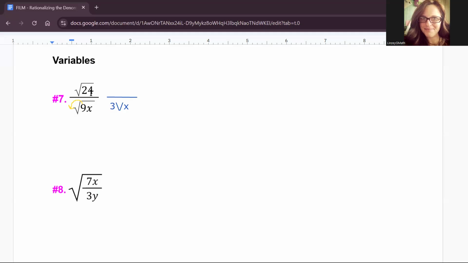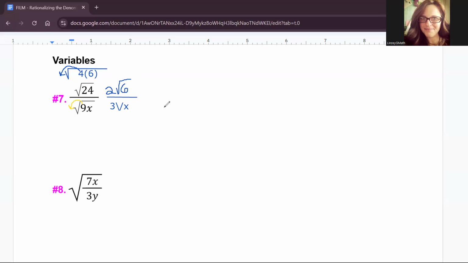And in the top, we could simplify the square root of 24. I can break 24 up into 4 times 6. I'm going to use parentheses so we don't get confused with the variable x. And then I can take the square root of 4 out from under the radical, and we get 2 square root of 6.